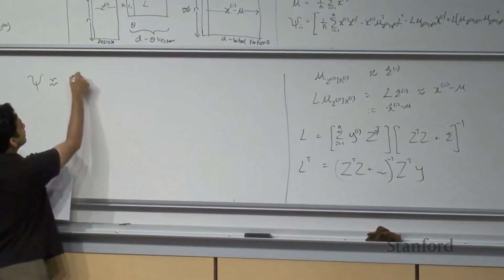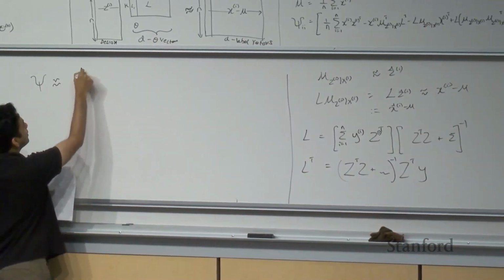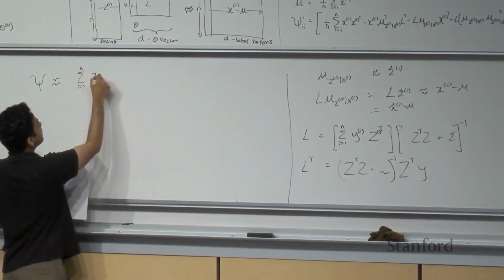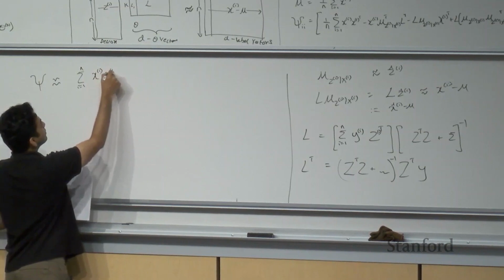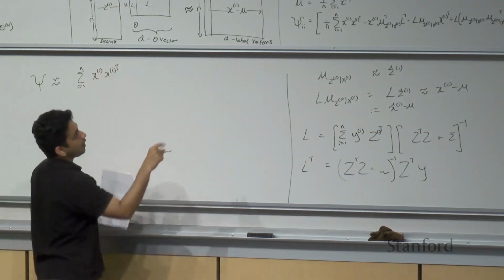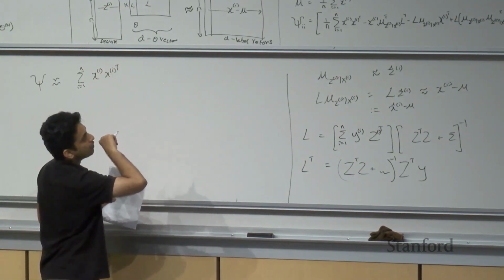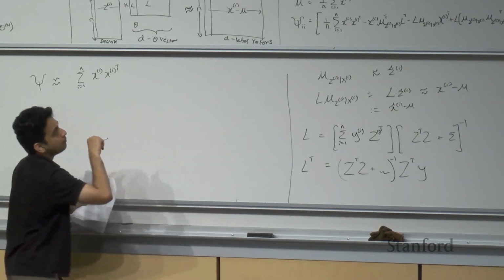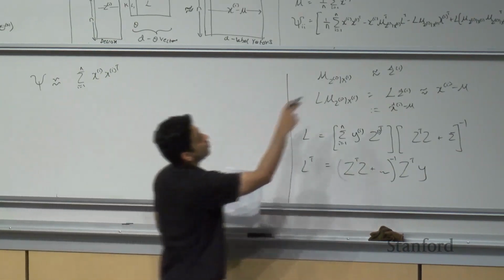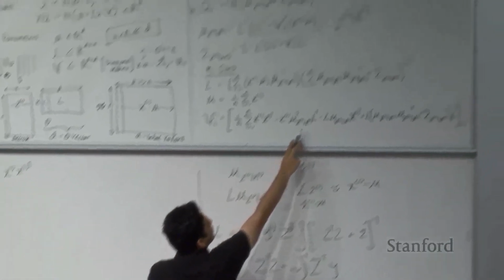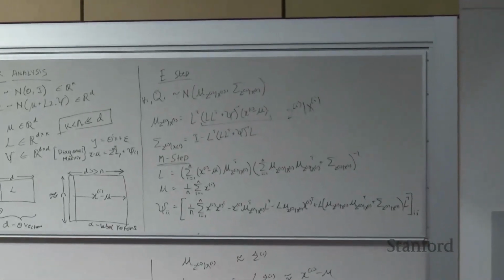think of this as, i equals 1 to n, x_i transpose, and now in place of mu of z_i, over here, let's call L mu to be x hat.